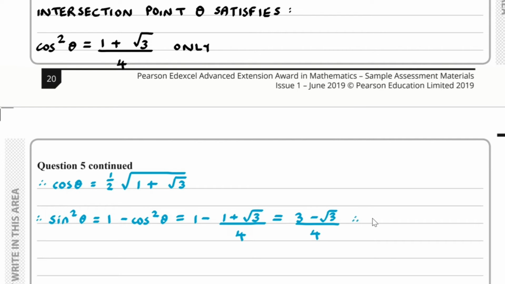And if I square root, then sine theta is equal to 1/2 of the square root.